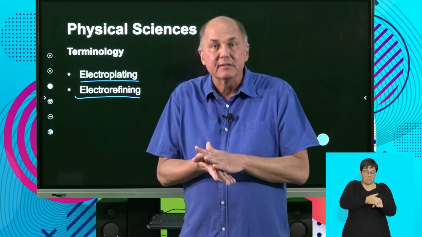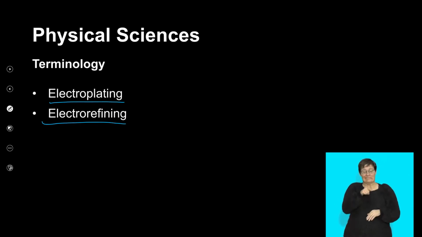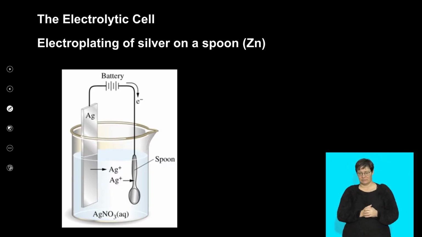But this process is not just painting on another layer of paint, but rather plating on another layer of metal. And that's what we're going to be looking at in this little segment. And it's quite interesting because what we've got here is a solution of silver nitrate.